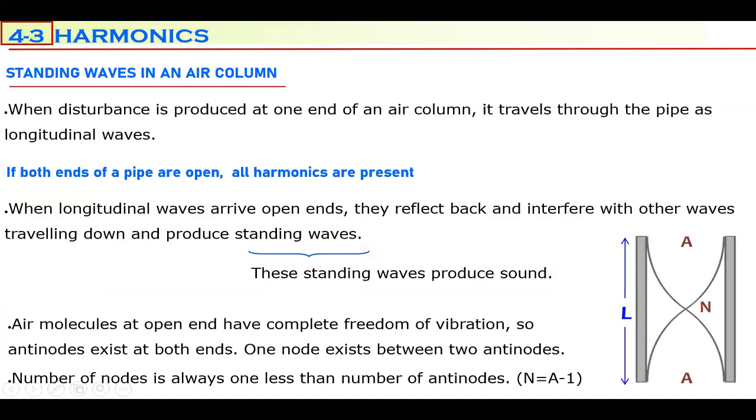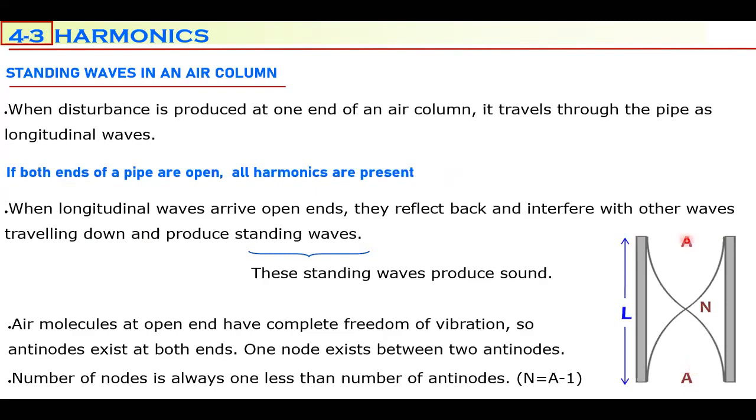If both ends of the pipe are open, so an open end pipe, all harmonics are present. So n=1, 2, 3, 4, all harmonics can be formed. When longitudinal waves are produced from one end, you are blowing one end of the pipe, so longitudinal waves are traveling down the pipe, but from the free end they reflect back.